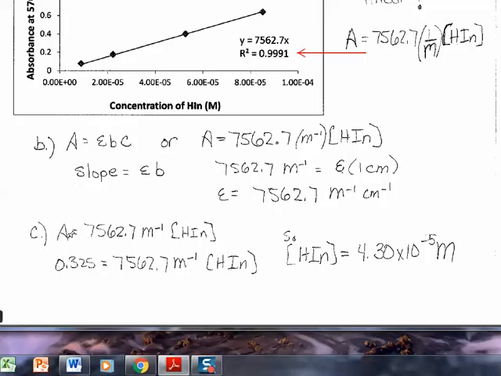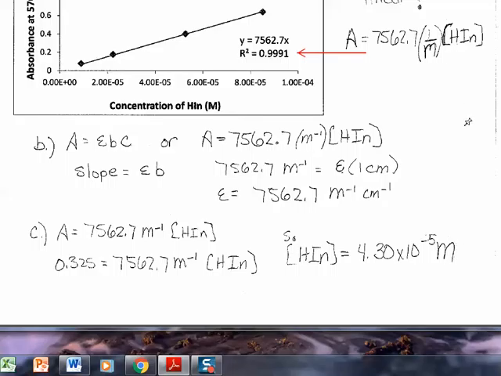Since our equation is absorbance equals 7,562.7 reciprocal molar times the concentration of indicator, we input our 0.325 for absorbance and solve for the concentration, which gives us a 4.30 times 10 to the negative fifth molar concentration.